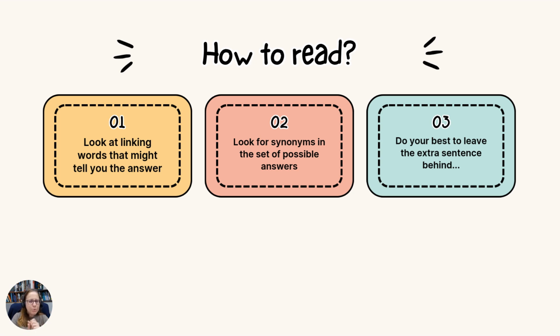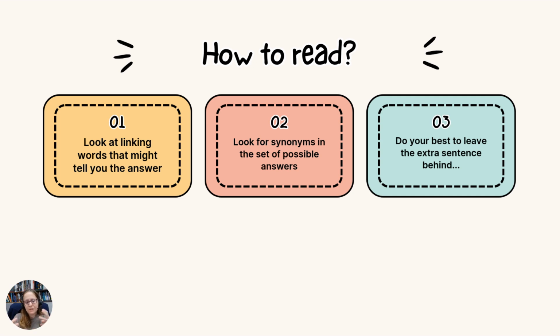So, how are we going to read this text? First, we're going to look at the linking words that might tell me the answer. Not only linking words, but we're also going to look for synonyms in the set of possible answers. Sometimes it says however, nevertheless, additionally, or on the contrary.